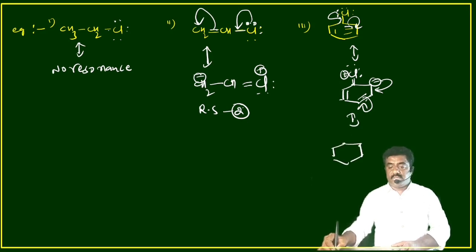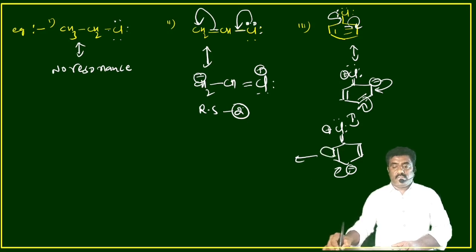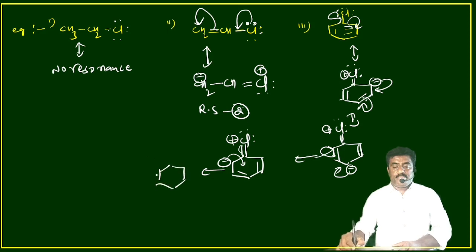Again, look at the carbon with the chlorine double bond: we get a partial positive charge here and a negative charge there, and they shift.